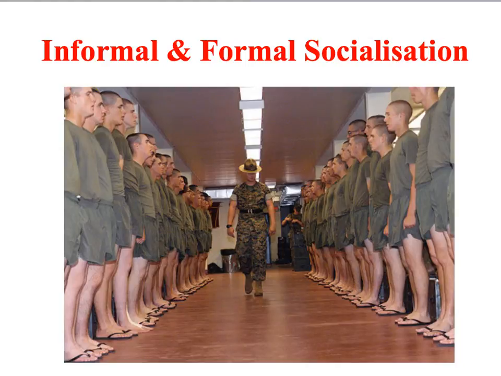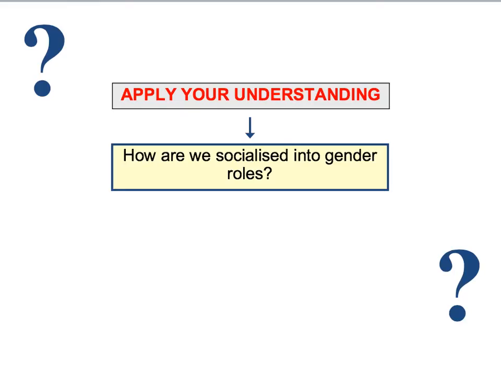Now in the exam it's not enough to simply say what socialisation is, you've also got to be able to describe how it actually happens. And in order to do this you need an example, and a really good example I think is the example of gender roles.